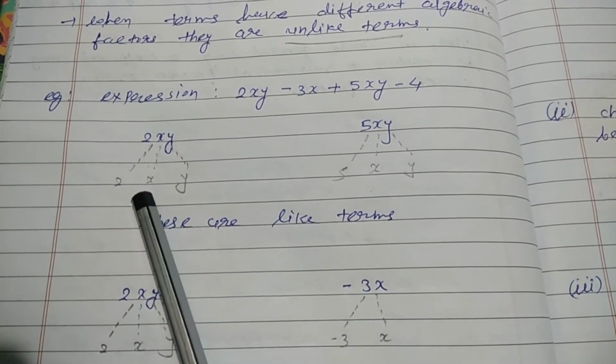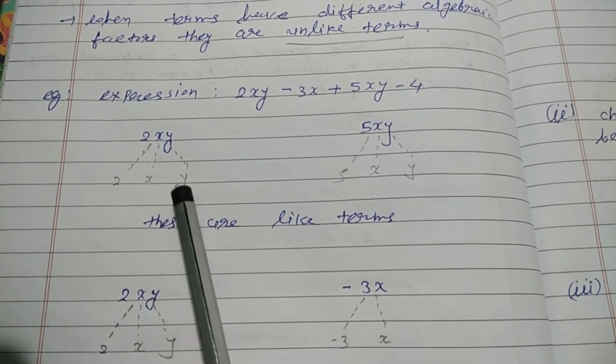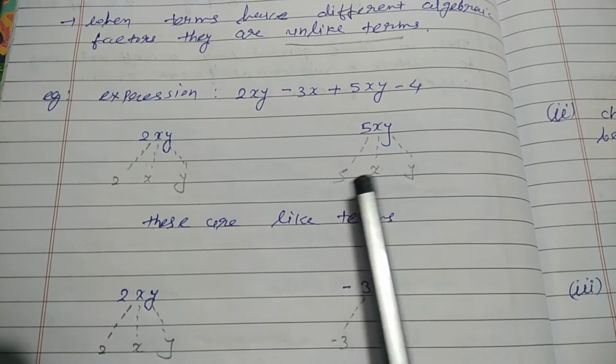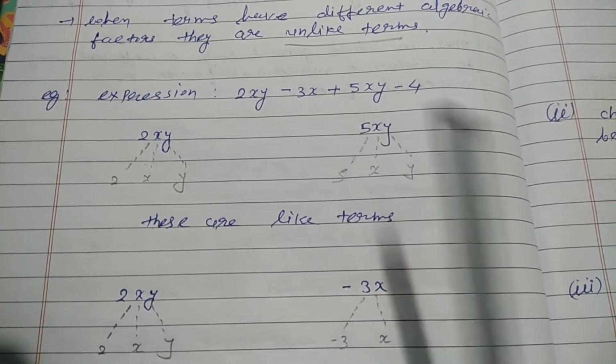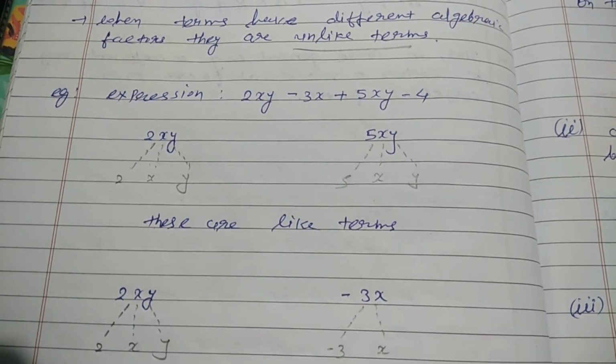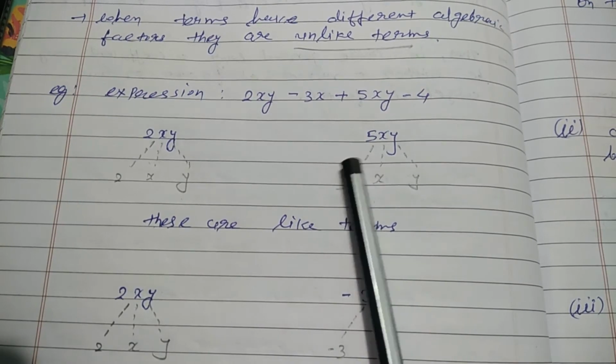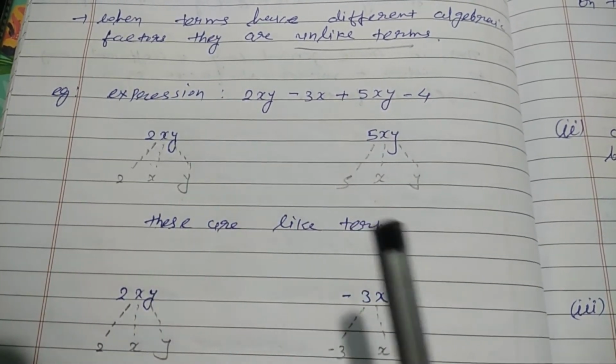That is, 2, x and y are the factors of 2xy. Similarly for 5xy, 5, x and y are the factors of 5xy. Now for like and unlike terms, you have to see only the algebraic factors. You do not have to consider the numerical factors.